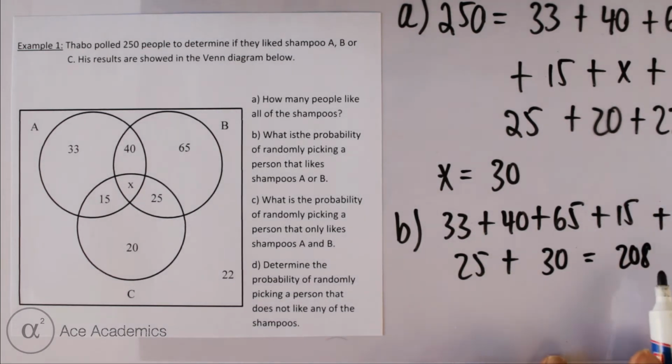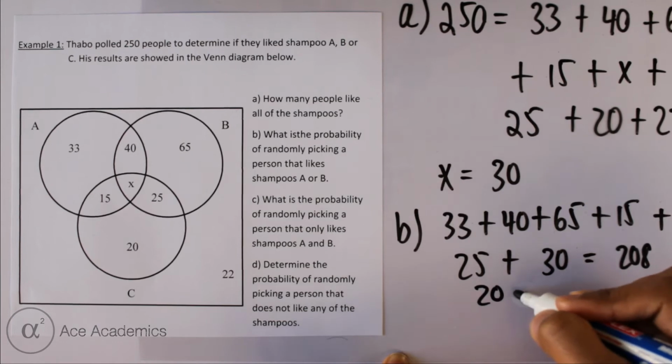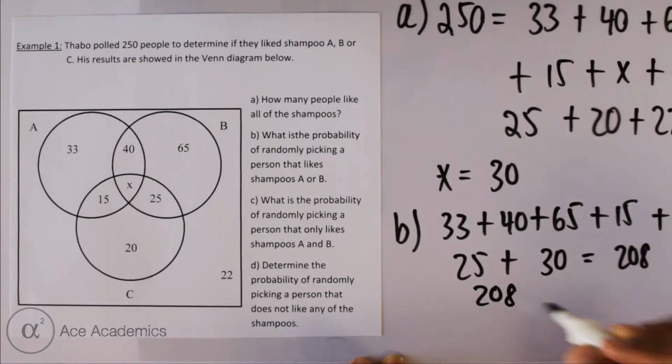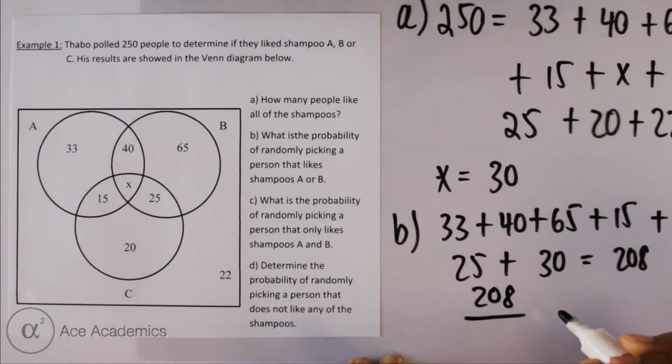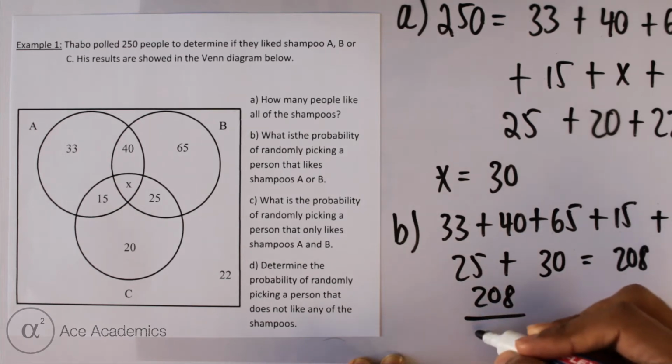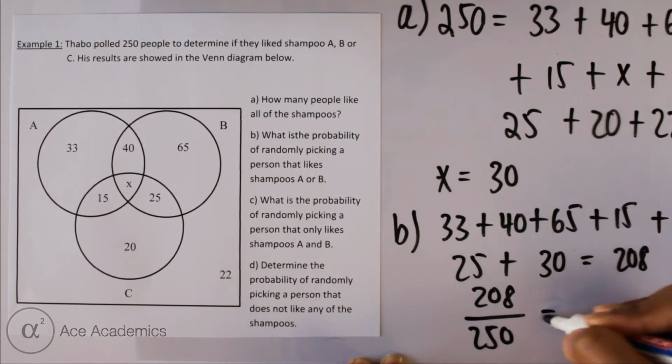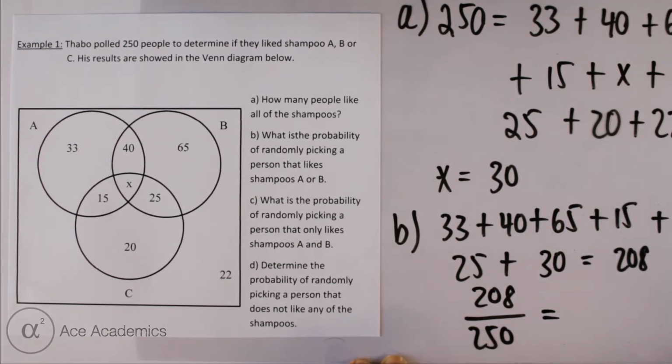Now this isn't the probability, but this is simply the number of people that like either shampoo A or B. To find the probability, you take the total number of people that like shampoos A or B divided by the number of people that the survey was performed on, which is 250. And your probability is simply 0.83.